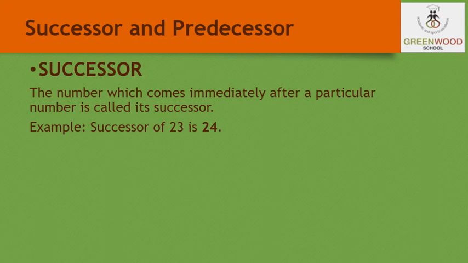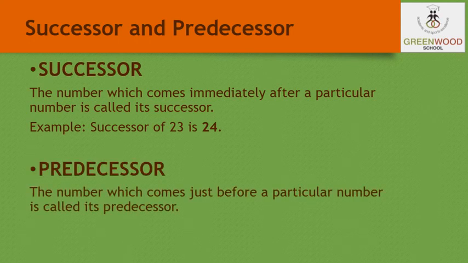Now if we see about predecessor, the number which comes just before a particular number is called its predecessor. For example, if we select the same number 23 and find its predecessor, that is the number just before, that would be 22. Therefore, the predecessor of 23 is 22 and the successor of 23 is 24.